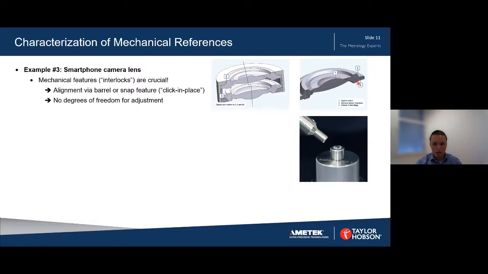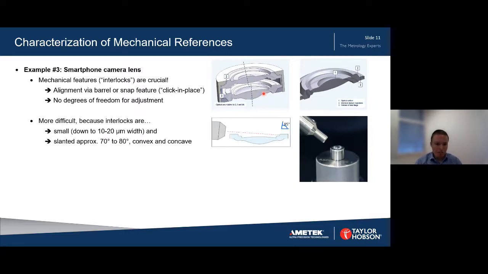One is by just putting them together, so by click and place or snap features, or however you want to call it. Or the second way is to put them in a barrel, and either way they are fixed. So there's no degree of freedom to do any adjustment, to correct any misalignment. So it's quite important that the optical axis and the mechanical axis is the same.